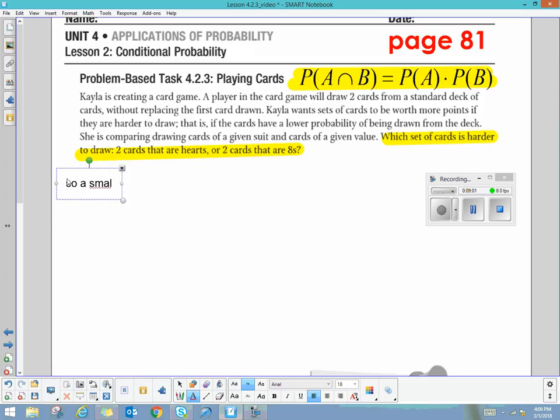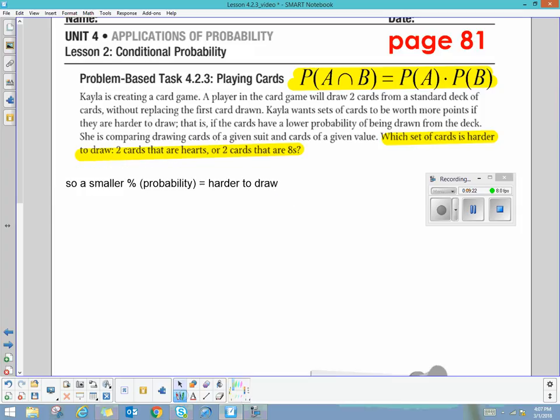So a smaller percentage or probability results in being harder or more difficult to draw. All right, well, I want to basically calculate the probability. Let's not write in highlighter mode. Let's try this again.